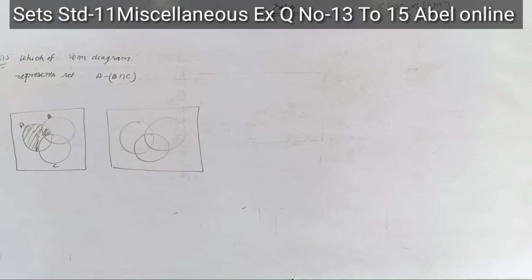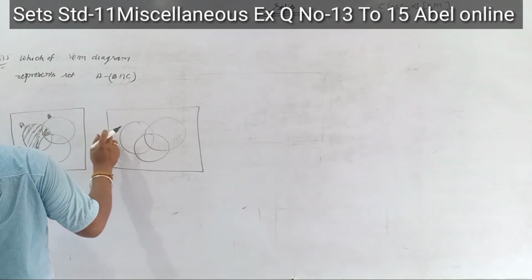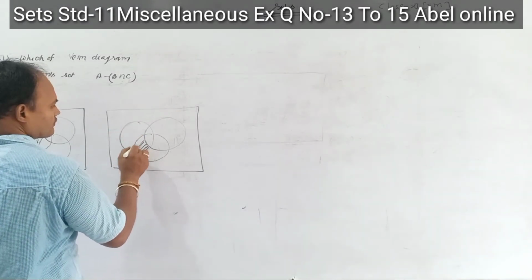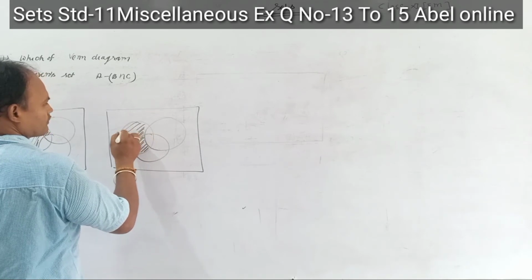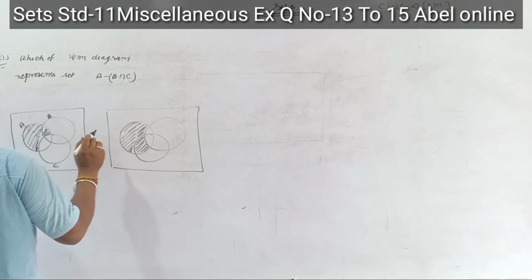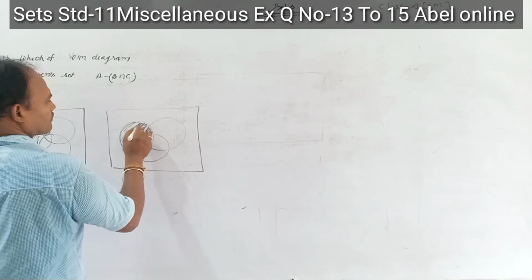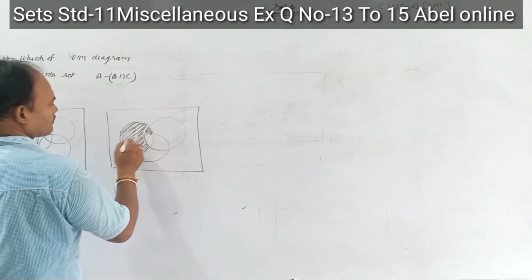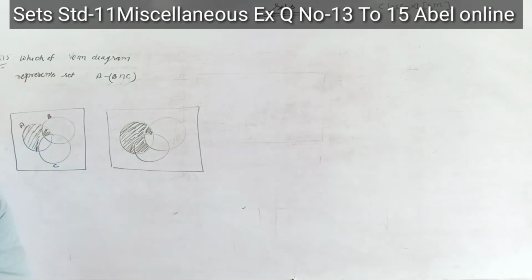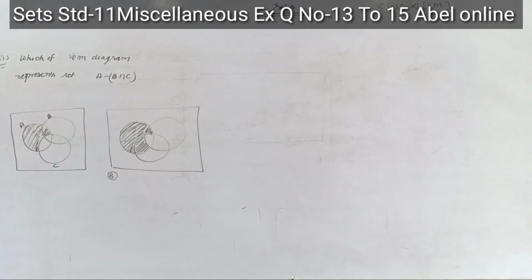Second one is, it is completed, A is dark. So this is the A, this is the B. What is the C?